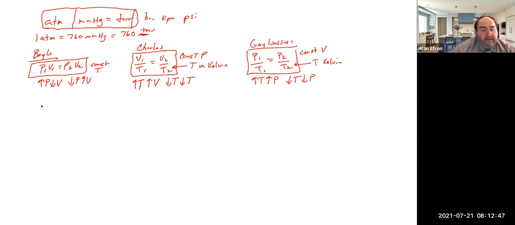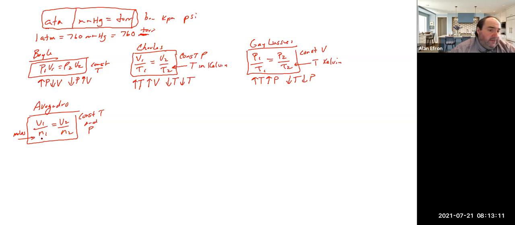We also talked about our good friend Avogadro. Avogadro is V1 over N1 is equal to V2 over N2. This is at constant temperature and pressure, and N is the moles.